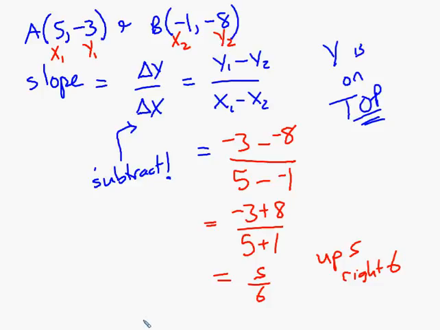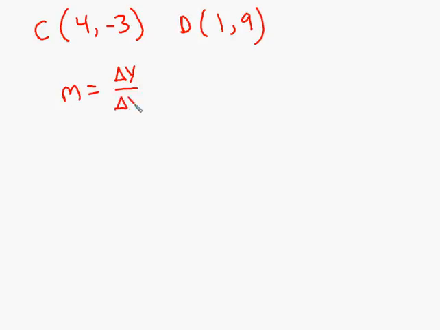Okay, let's do another example. Let's say I have point C is 4, -3, and point D is 1, 9. So if I want slope, I'm going to do change in y over change in x.